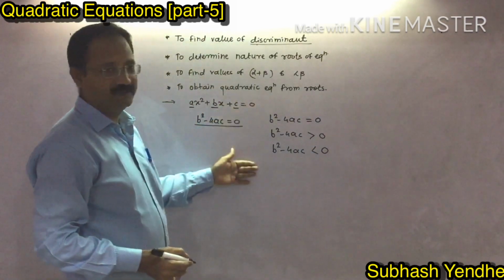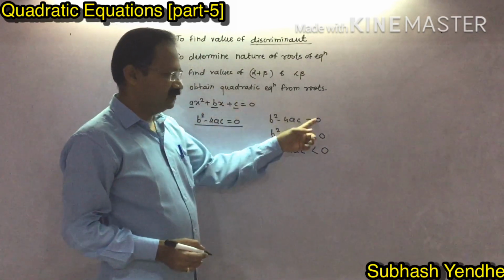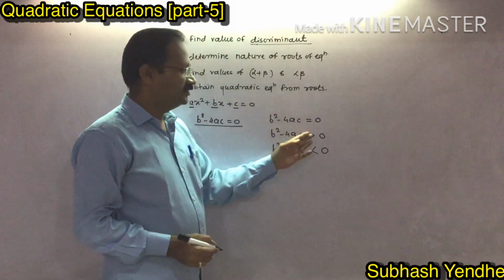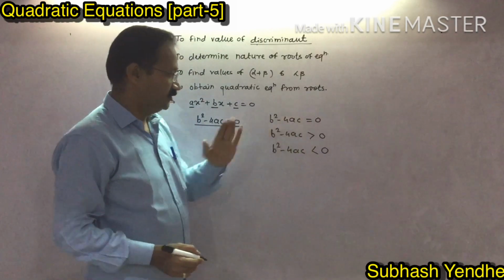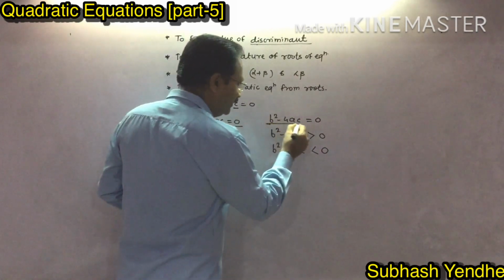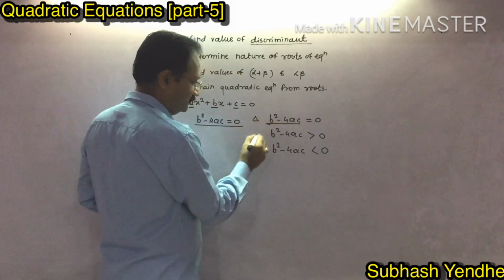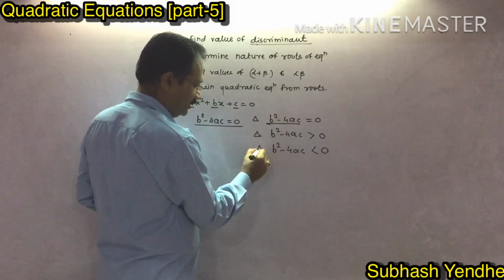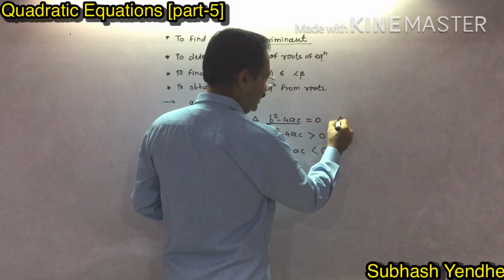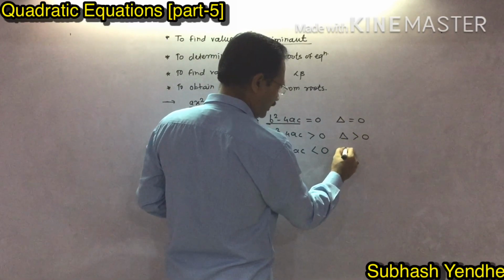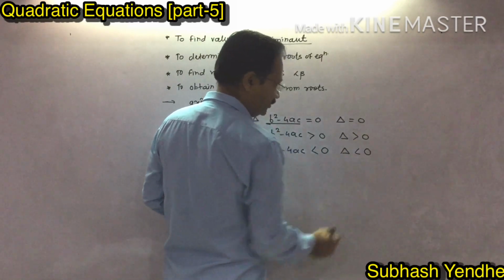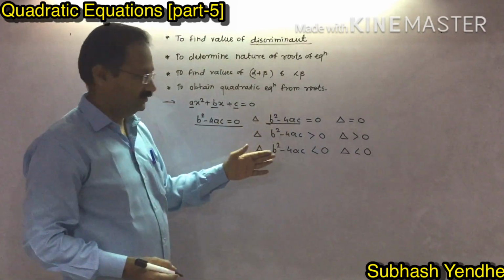There are 3 possibilities. This is called a delta. So I have written this one delta. It means delta is equal to 0, delta is greater than 0, or delta is less than 0. These are the 3 possibilities.